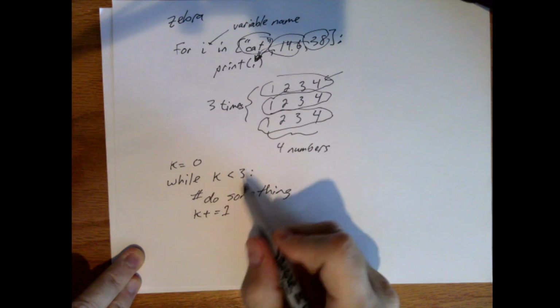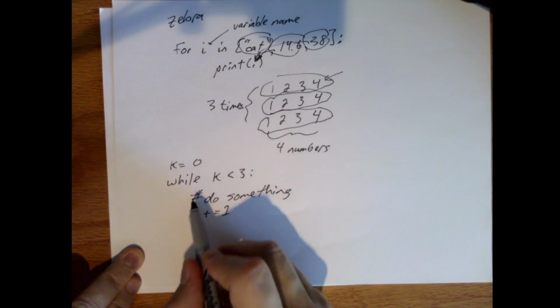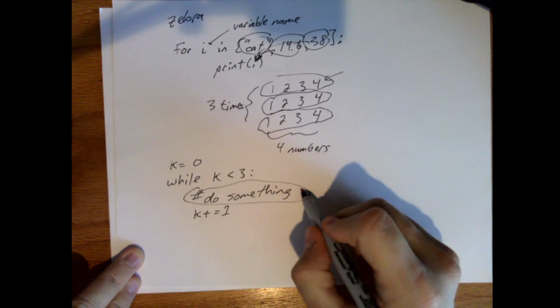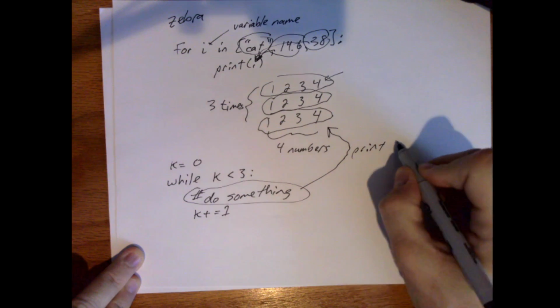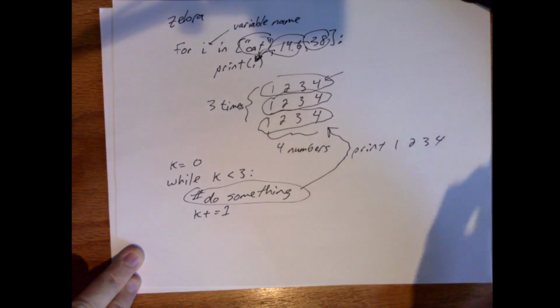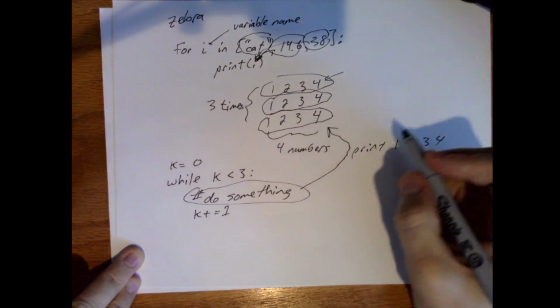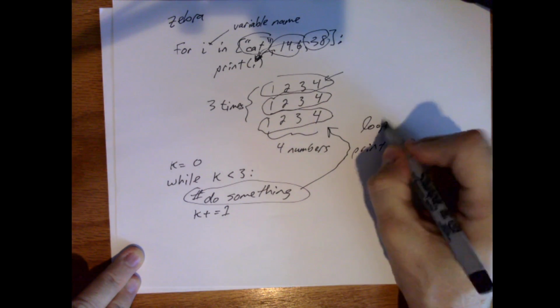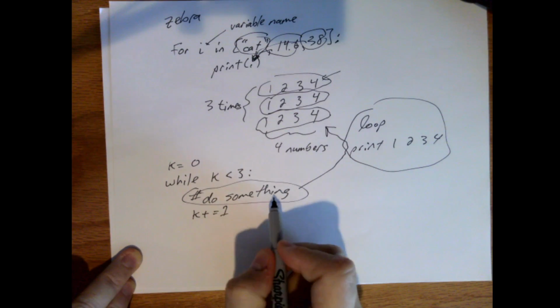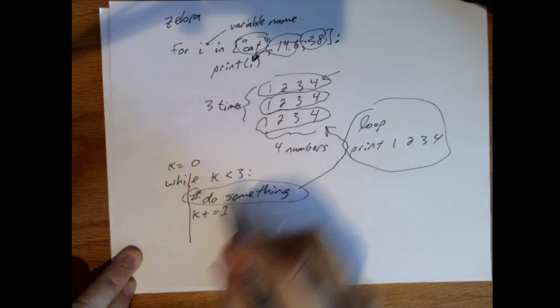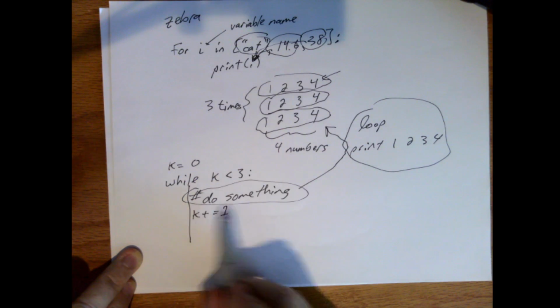This would repeat something 3 times. Well, what is do something? Do something is the code for printing 1, 2, 3, 4. So I'm going to take the loop that does this and put it at the do something position, which means it needs to be indented to match this logic. Let's see that.